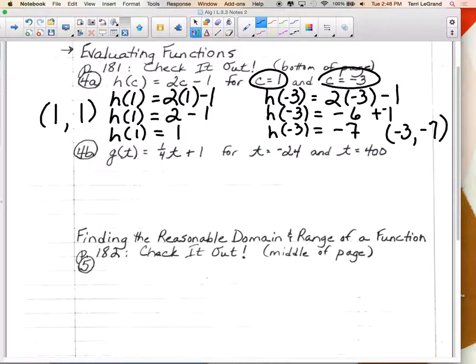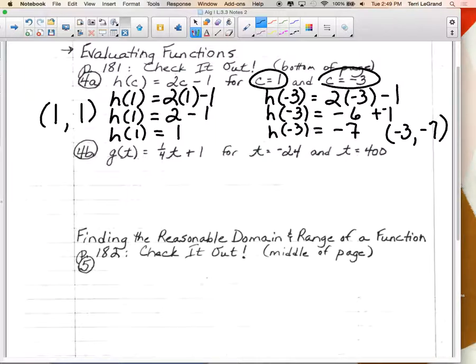The output value is the y value, or the second coordinate of the ordered pair. So we had an input value of -3. The output was -7. So questions? This is the kind of work you need to show in your homework when it tells you to evaluate. Okay, let's go on to the next one then, 4b.